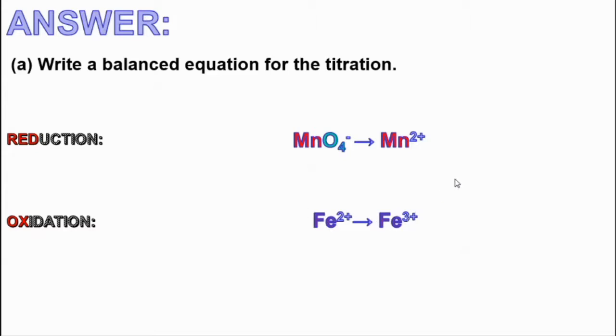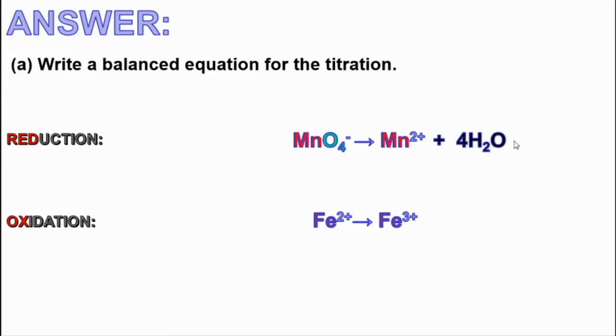Next, we are going to balance oxygen atoms and also hydrogen atoms. In permanganate there are 4 moles of oxygen atoms, so on the right side we need to add 4 moles of water.